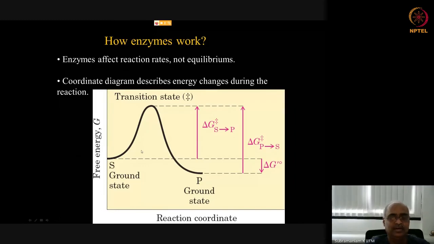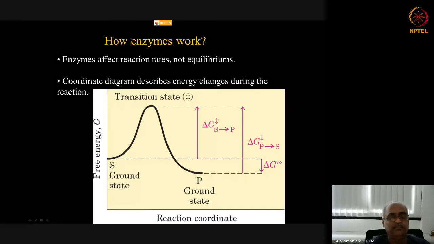So that is indicated here, the reaction coordinate. So on the x-axis, essentially you define the energy state, ground state, for the substrate and the product. So that plotted against the free energy is what this diagram is, the reaction coordinate.